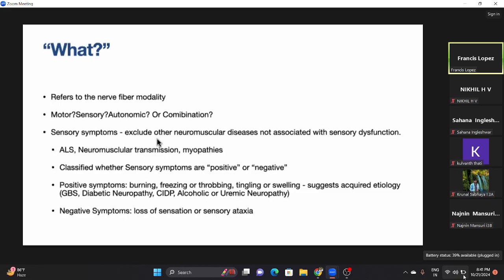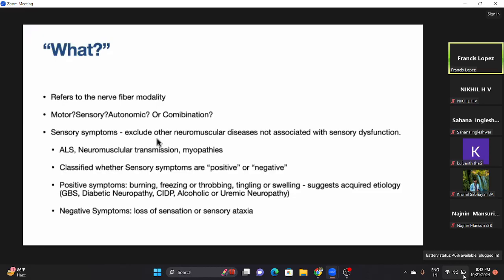Is it motor, sensory, autonomic, or a combination of the three? If patients have sensory symptoms, then we may already exclude neuromuscular diseases which are not associated with sensory dysfunction. These diseases include ALS, neuromuscular transmission disorders, and myopathies.